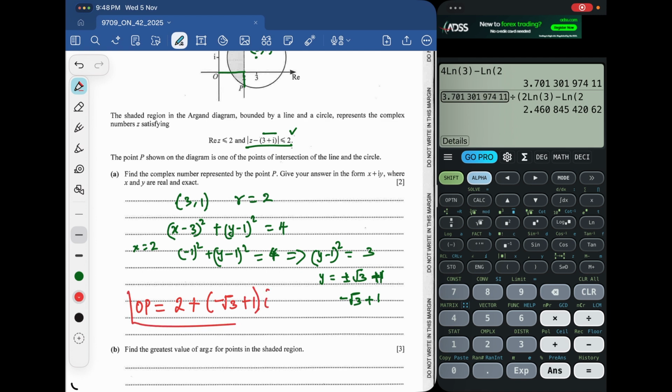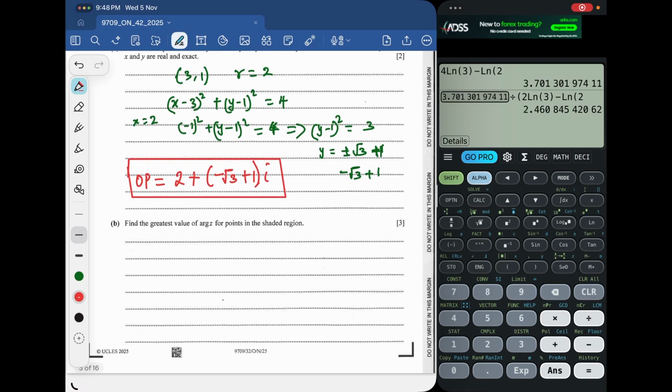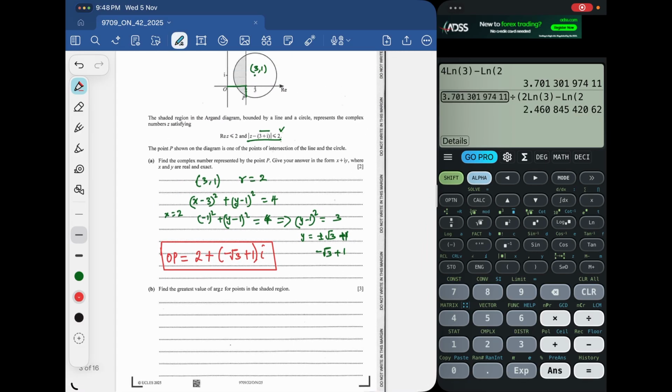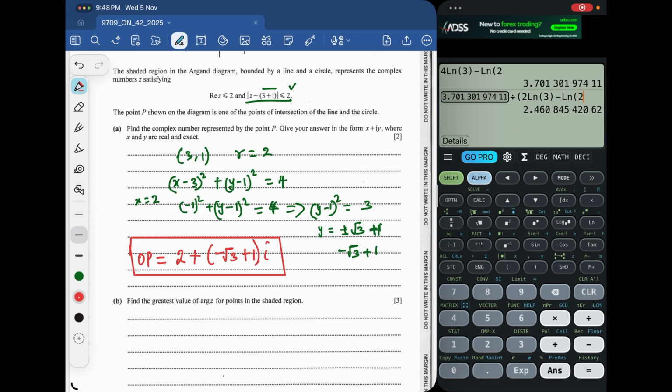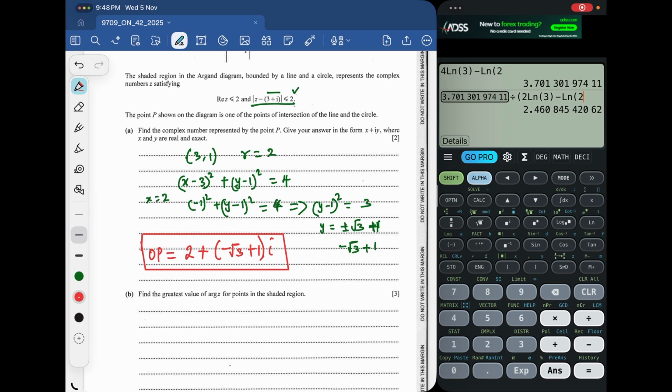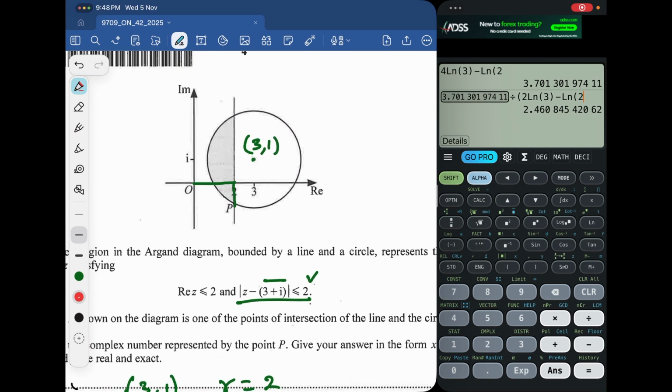So this is definitely my answer. I hope that makes a lot of sense. So we find the equation of the line and the circle, then we find the point of intersection. That is actually AS, but the main thing you should know, you can get the equation of the circle from there. Now we need to find the greatest value of arg z.